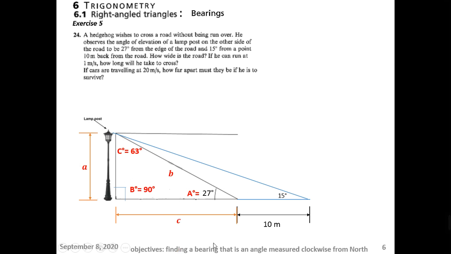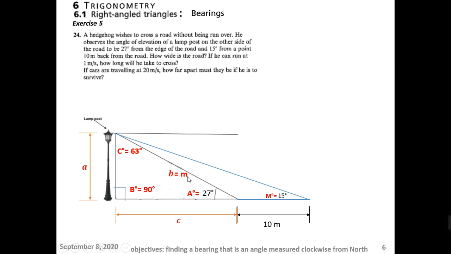The opposite side to angle C is basically C small. If I go to this triangle, if I name 15 as capital M, the side that is opposite to angle capital M is small m, which is equal to B. B is the hypotenuse of the black triangle here because it is right across and right opposite to angle B capital.